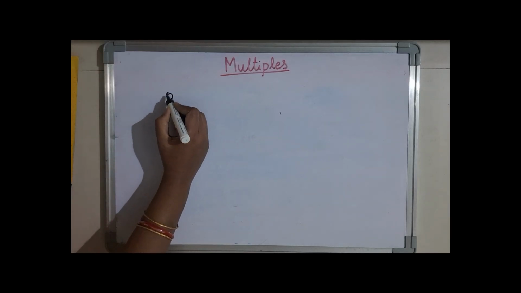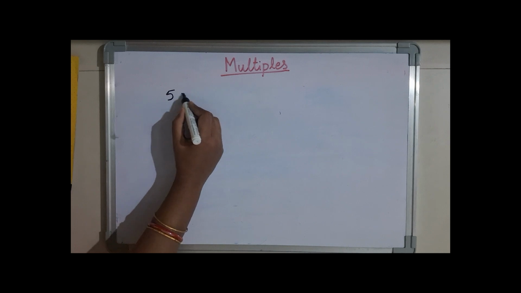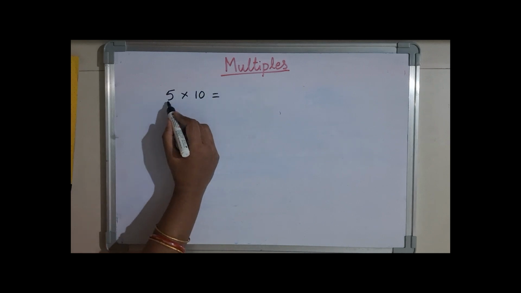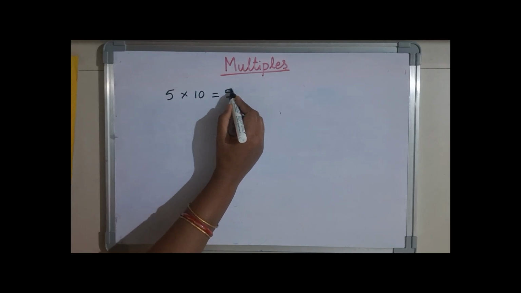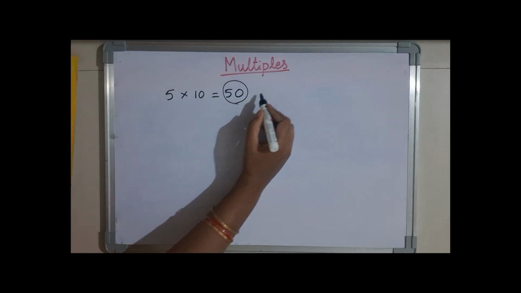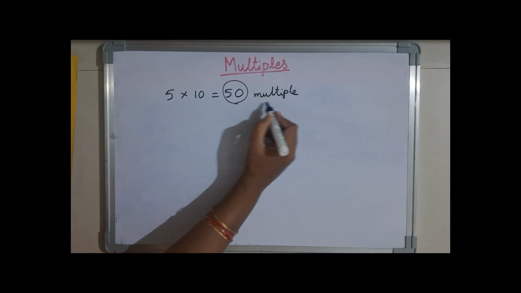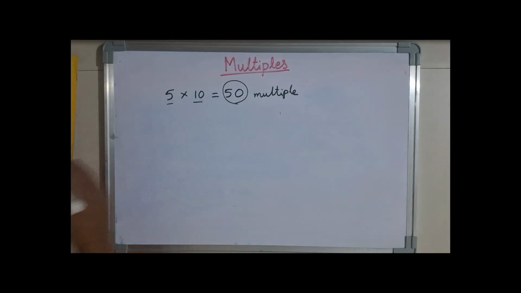here 5 is a number, and when this number is multiplied by any other number, what do we get? 5 into 10, we get 50. Then this 50 is a multiple of 5 and 10.